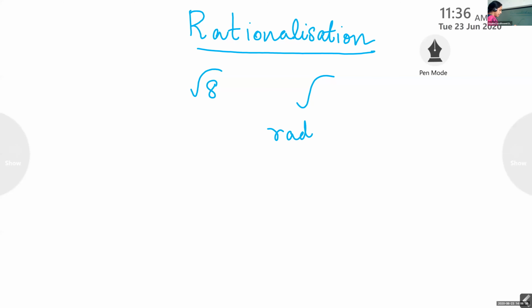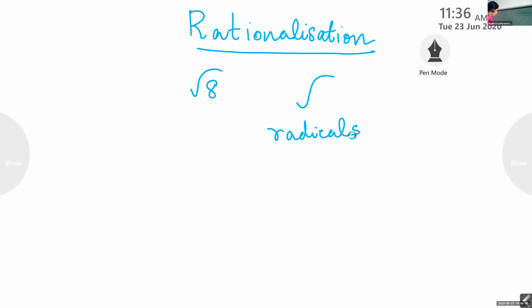This square root notation is known as a radical.